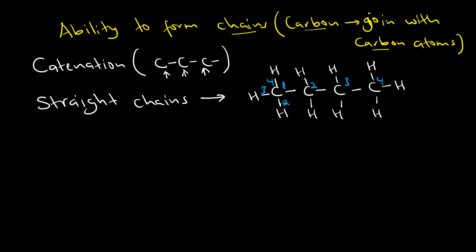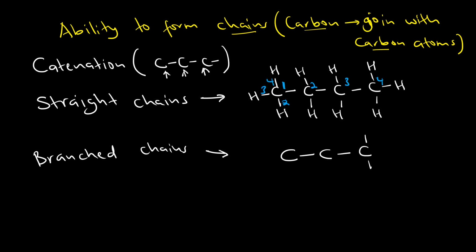Carbon also has the ability to form branched chains. However, we shall mainly emphasize our straight chains in this course. Branched chains are just like the straight chains, the only difference is that here we shall have some branches. For example, I might have carbon 1, carbon 2, carbon 3 with our hydrogen atoms.